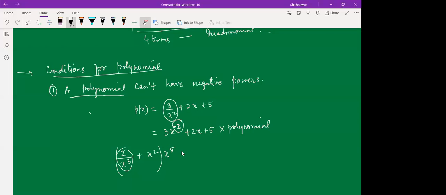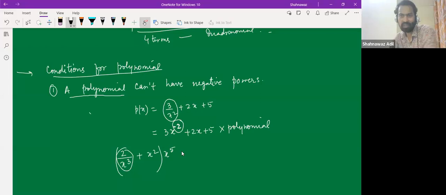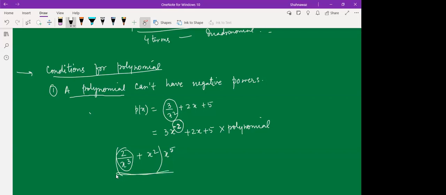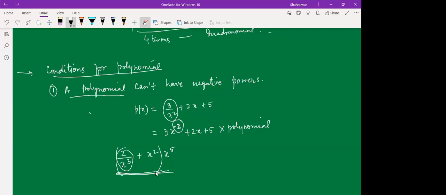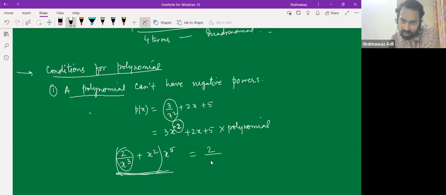The answer is that we have to first simplify these terms. Without simplification, we cannot tell whether this is a polynomial or not. So the first thing would be that we simplify these two terms. So we have 3 into x5 plus we have x square and then x5.